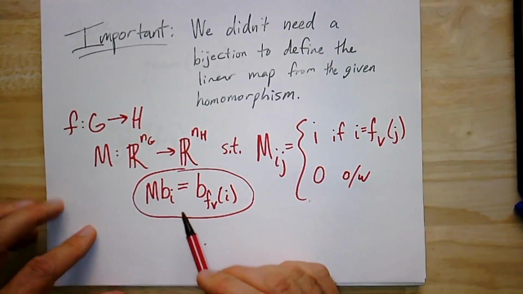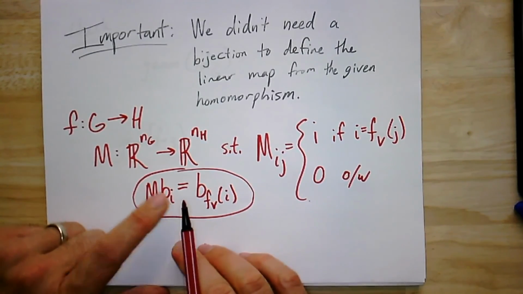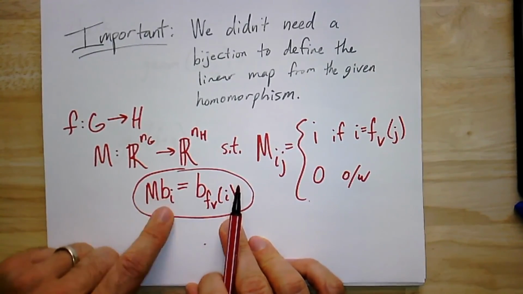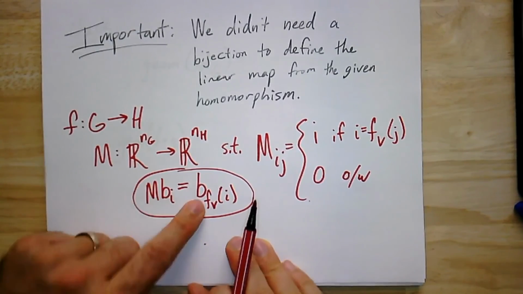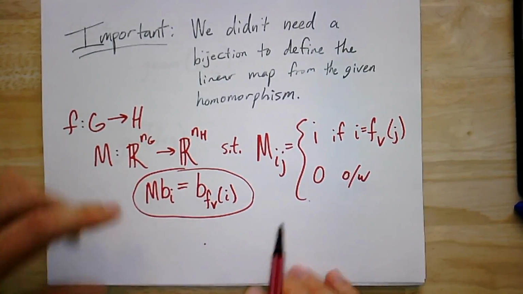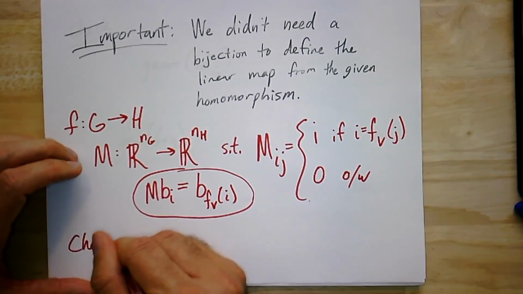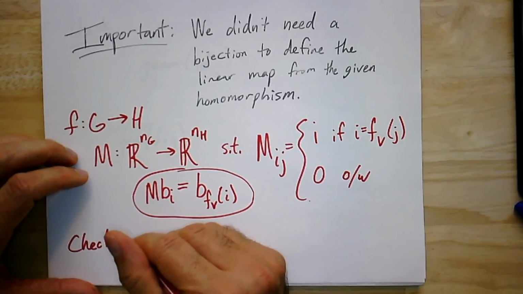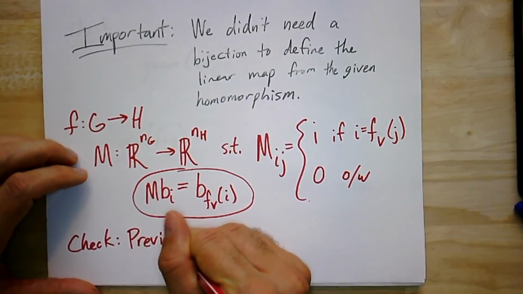Right, so the vertices get mapped by M to the geometric realization of the vertices in G, get mapped to the geometric realization of the vertices in H. And actually, if you go through the arguments in the previous page, the previous arguments all still apply.